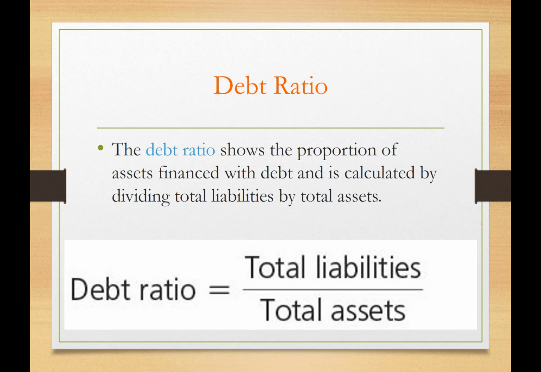Obviously, that's not going to be zero. It's going to be rare when major corporations are going to have no liabilities. And again, having debt's not a bad thing if you're using it to enhance the operations in an effective way. You just want to be careful of becoming too overwhelmed by debt. So again, lower the better would be the best rule of thumb for the debt ratio.